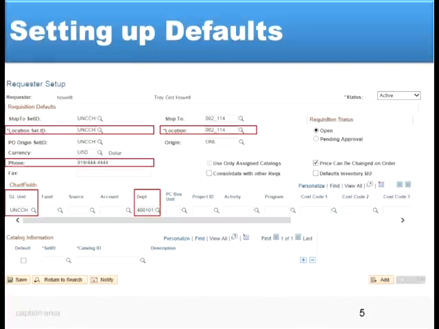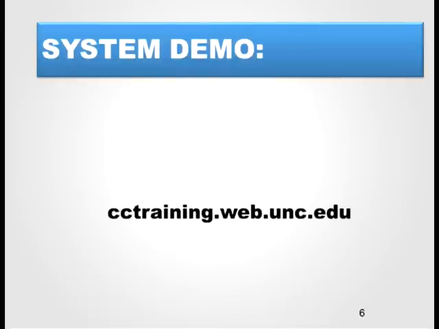The required fields are location set ID, which is UNCCH or UNCGA, location, phone number, GL unit, which is UNCCH, UNCGA, or a foundation, and your department. All other fields are optional. These values can be changed from requisition to requisition.